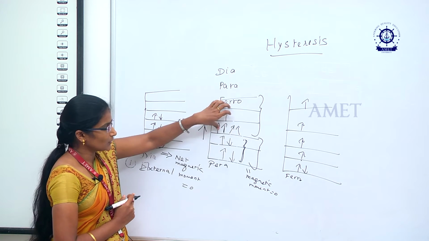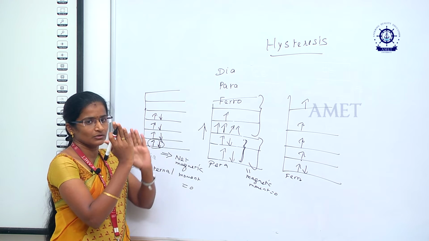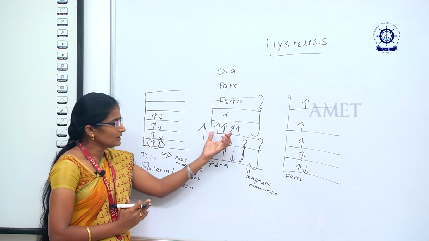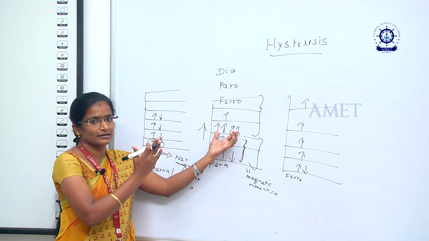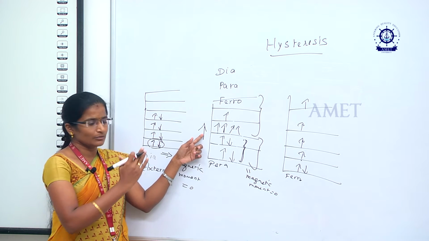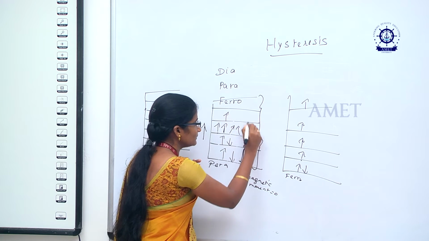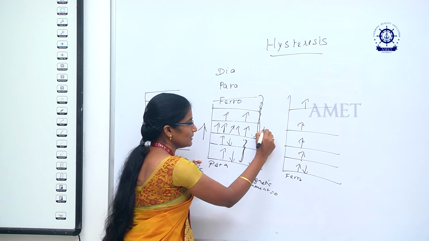Initially the spin has a direction like this or like this. When we apply a field on this material, the spin rotates or changes its direction according to the external field. At that time, it acts as a magnet.